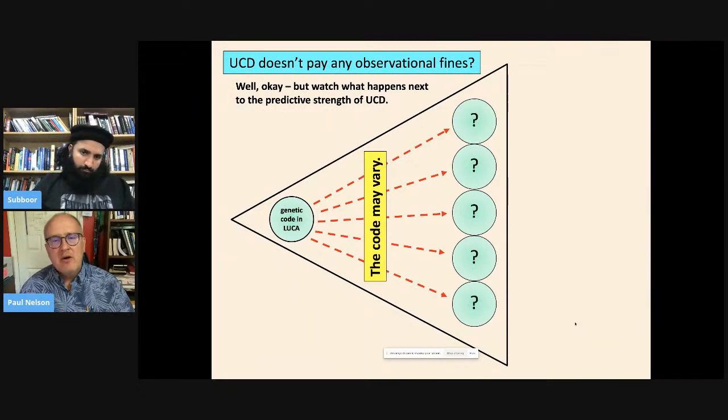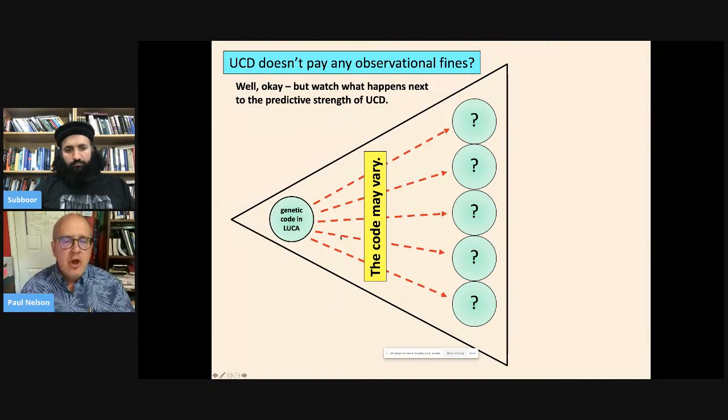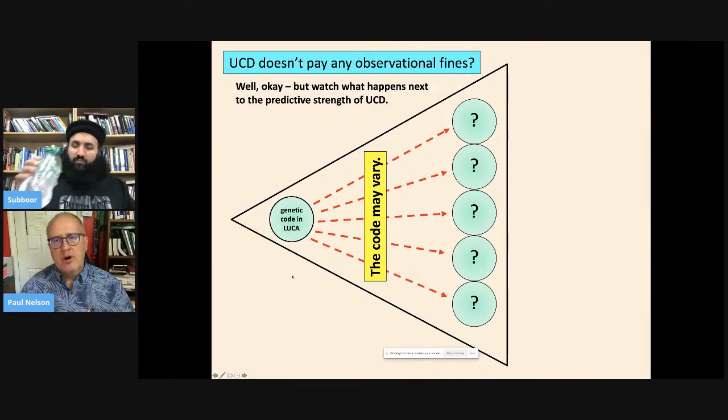Now we have no idea what we're going to see when we look at a species. Maybe it will have the canonical code. Maybe it won't. There is no predictive strength anymore. It's out the window. It's gone. Because this is indeterminate. And as a consequence, universal common descent is telling us nothing about what we will observe.